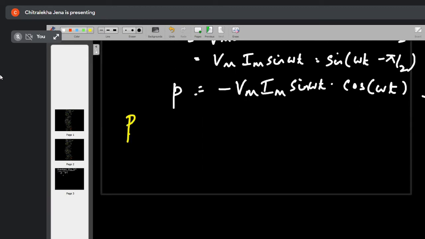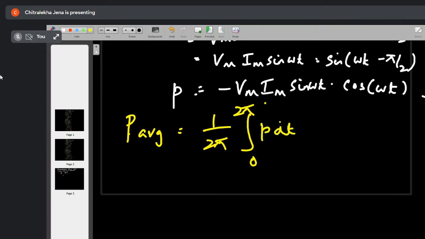Now if I find out the average value, how will I find it? I will integrate over one complete cycle. Average value is area divided by base. Base is 2 pi because I am integrating over one complete cycle: 1 by 2 pi integral of p dt. Right? Any confusion with this?